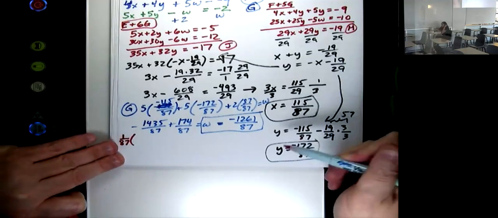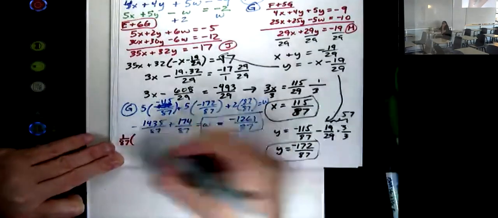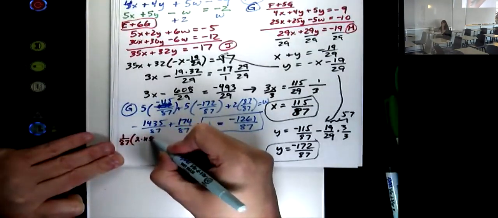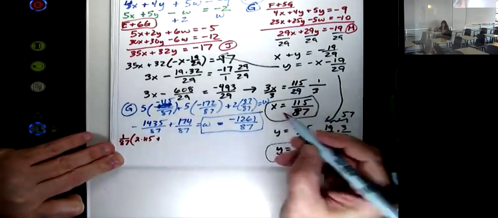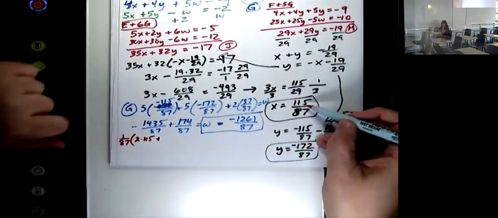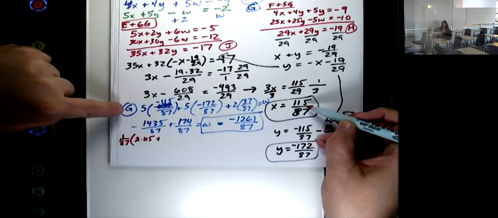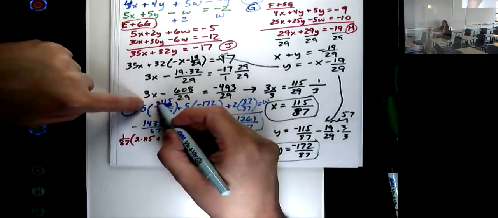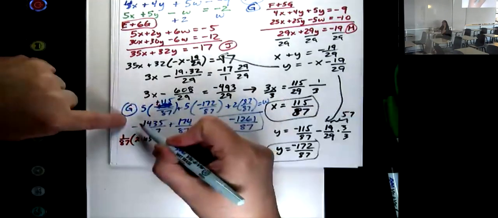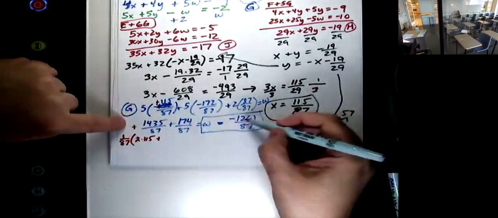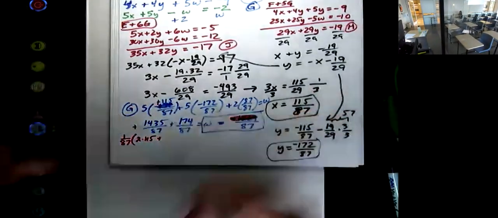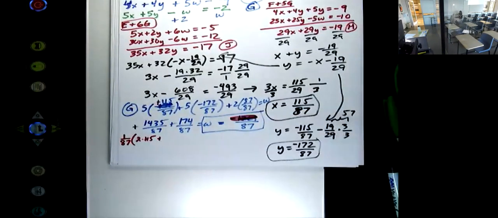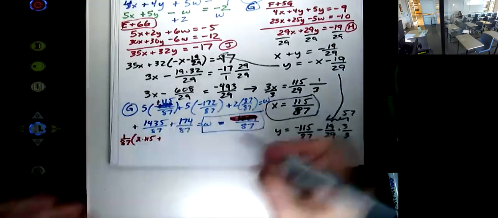I can do 2 times the top, 2 times 152x is 2 times 115. Plus, oh, that's positive. I did a negative here. That's going to change this side. 35 plus 174, 1609.